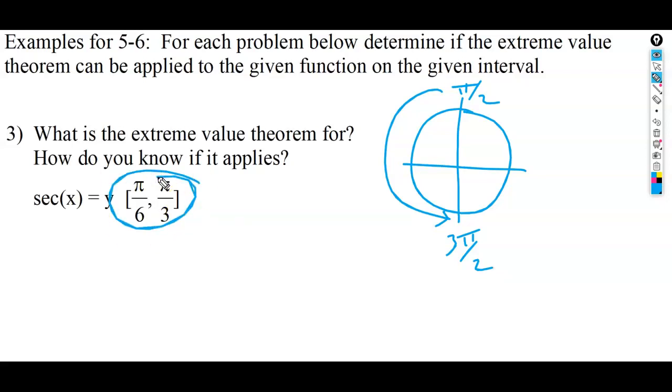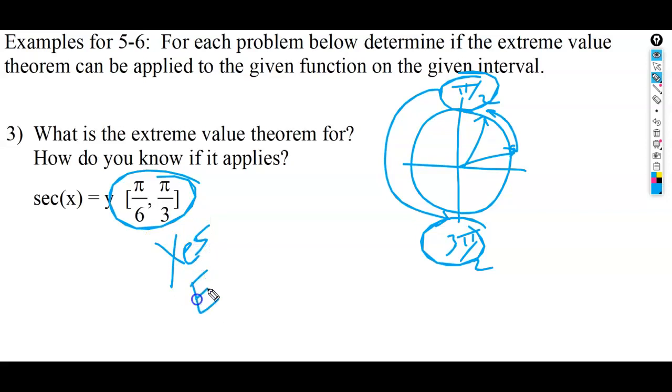We're going from pi over 6 to pi over 3. So that's here to here. So I'm going from this spot to this spot on my unit circle. My discontinuities are here. So obviously, there's no discontinuities on that interval. And so we're good to go. Okay, so this one we would say yes, there is an extreme value.